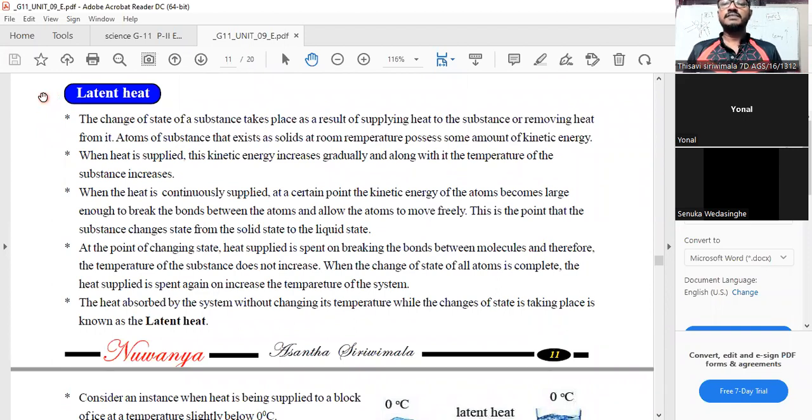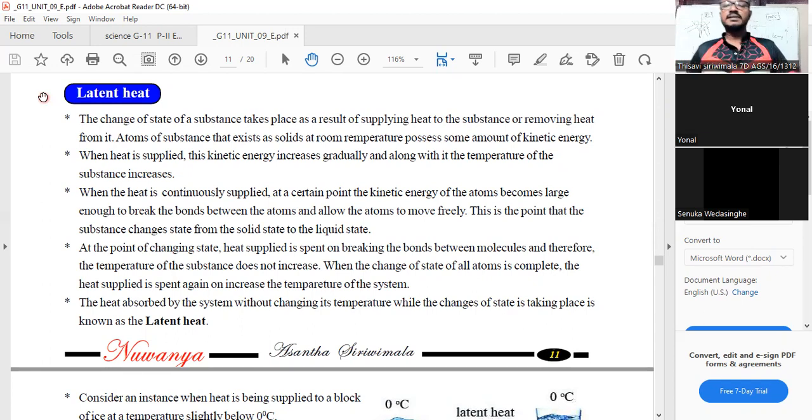The change of state of a substance takes place as a result of supplying heat to the substance or removing heat from it. Atoms of substance that exist as solid at room temperature possess some amount of kinetic energy. When heat is supplied, the kinetic energy amount will increase, and along with it, the temperature of the substance increases.